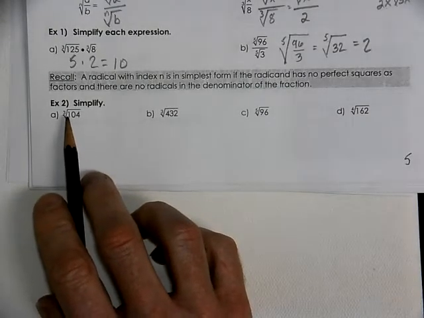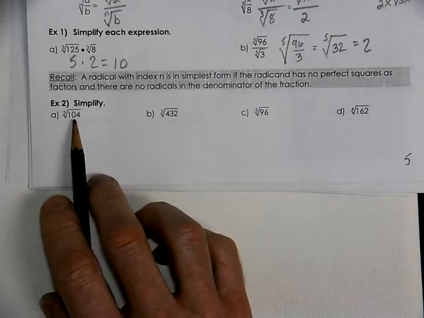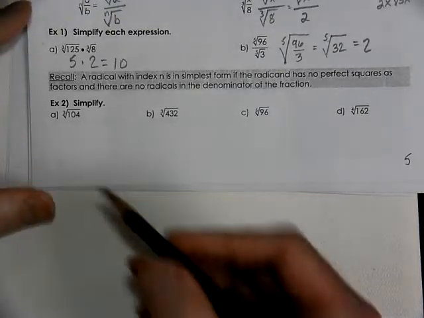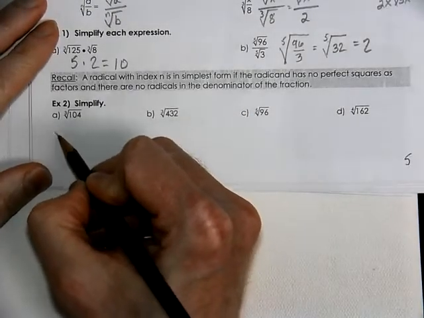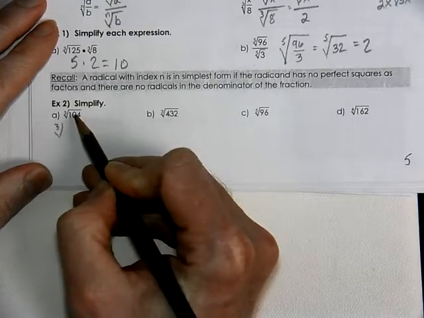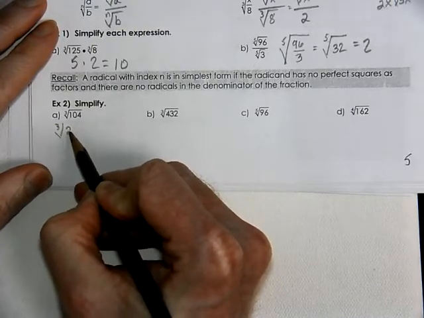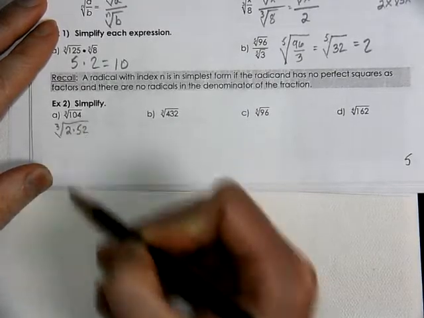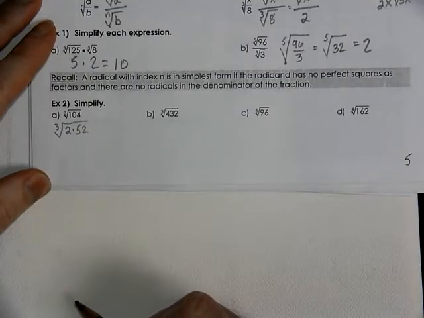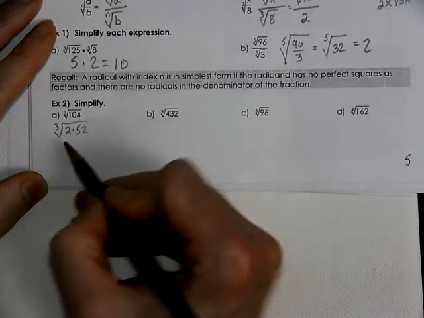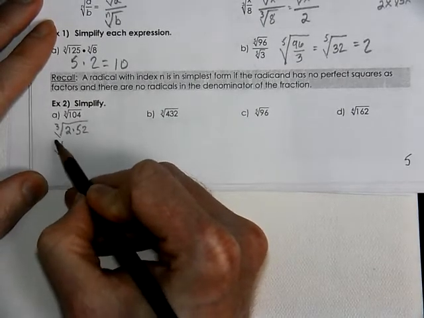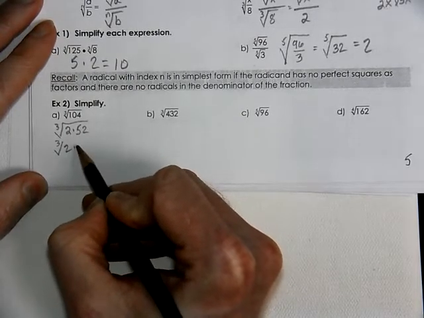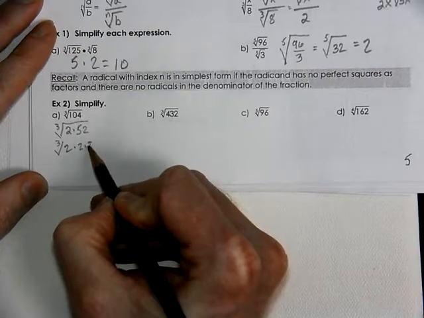So now we're working with the cubed root of 104. You've got to look at what 104 can break down into. This would be 2 times 52. That's 104. Neither of those are perfect cubes. 2 times, and 52 can be broken up into 2 times 26.